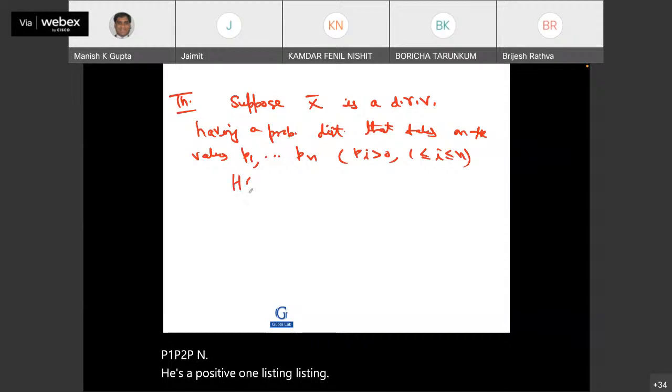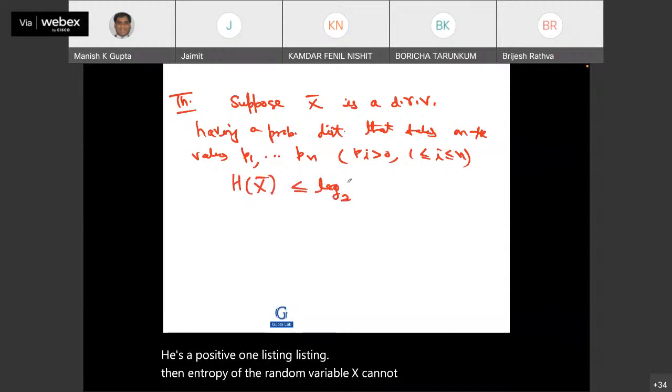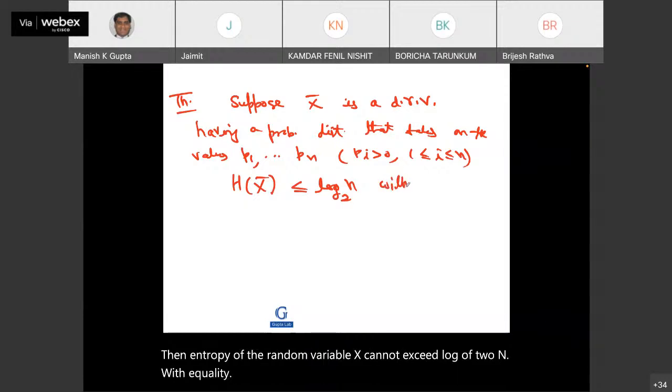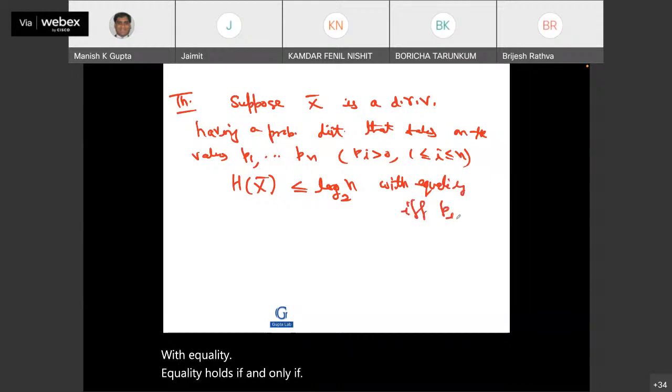Then the entropy of the random variable x cannot exceed log base 2 of n, with equality if and only if Pi is equal to 1 by n, for 1 ≤ i ≤ n.